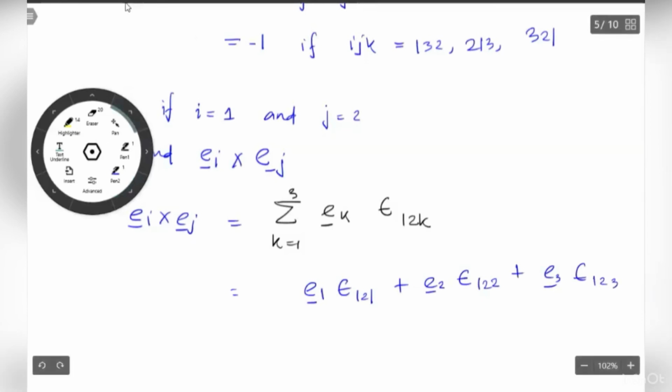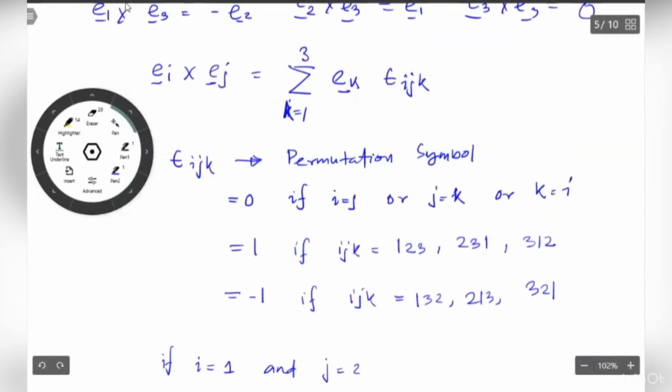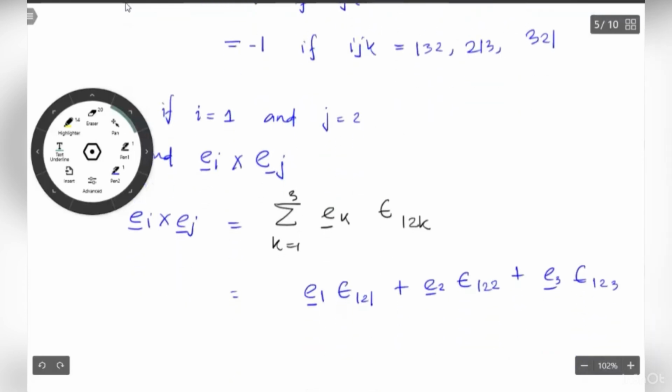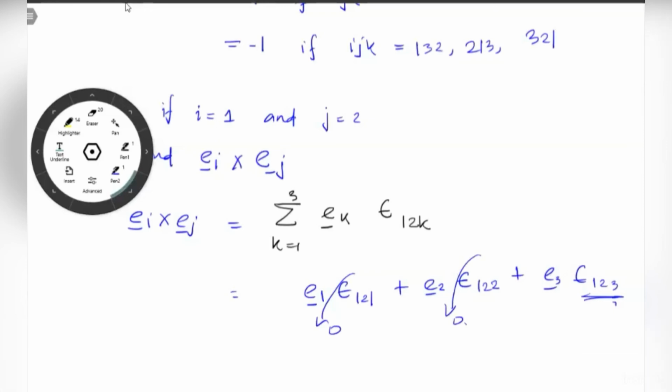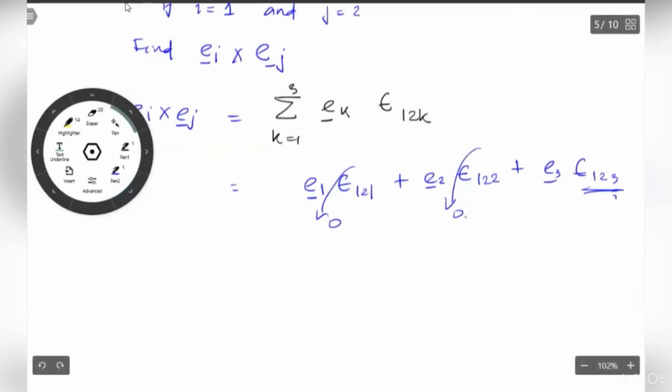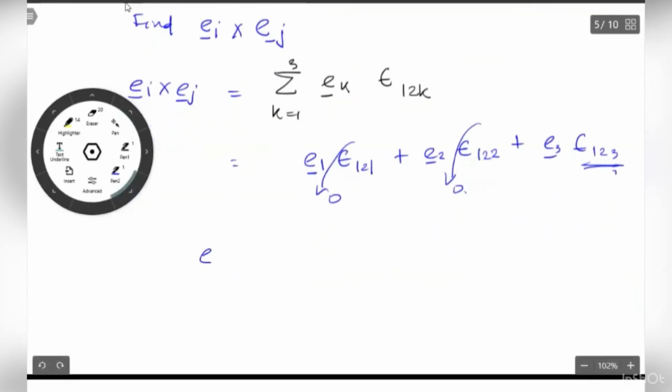If you look at the definition of the permutation symbol, if either of two indices are the same, like here where two indices are the same, this will be 0. And whenever it is in a clockwise direction, that will be 1. So finally, e1 cross e2 equals e3.